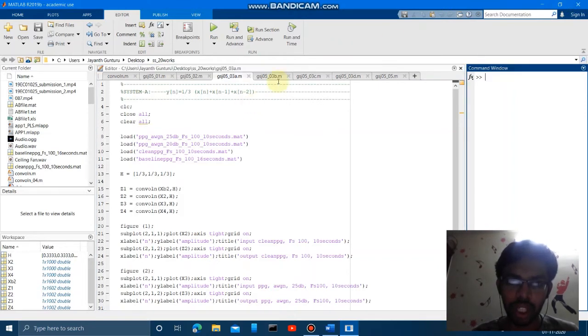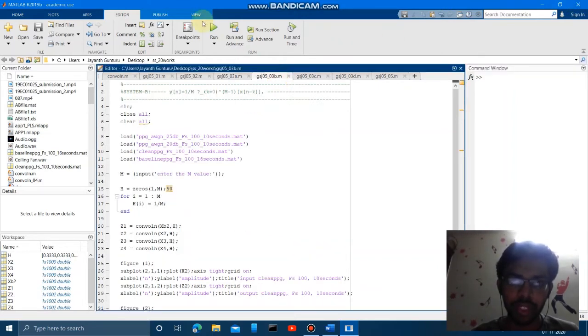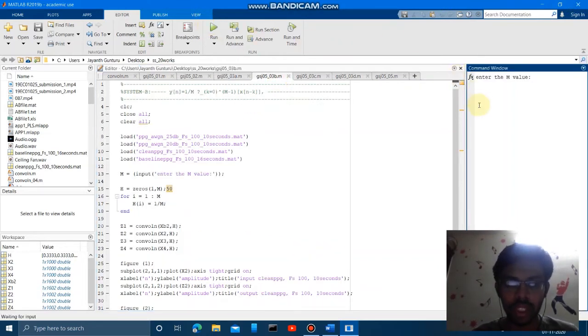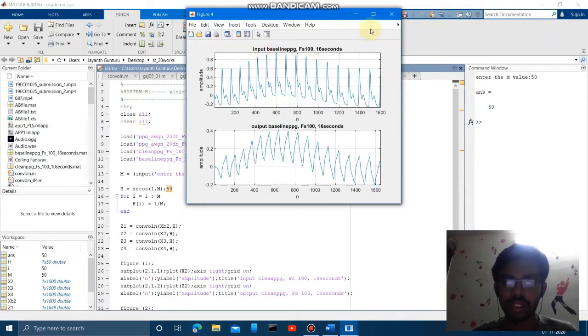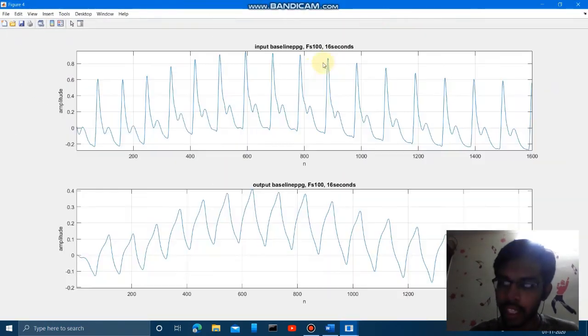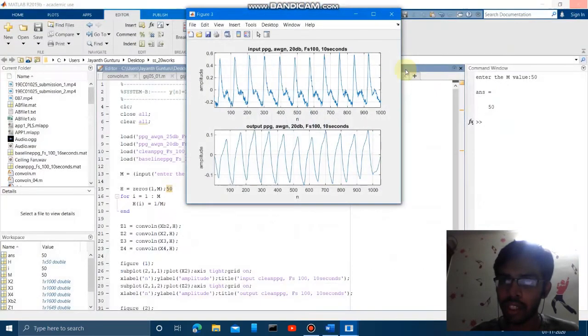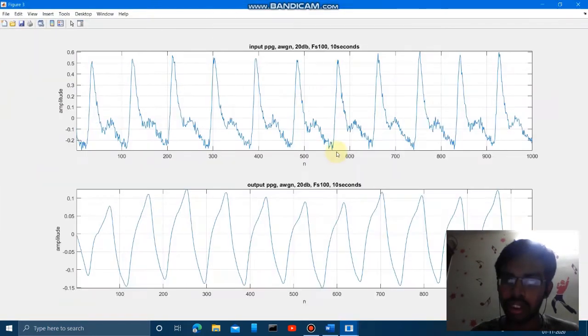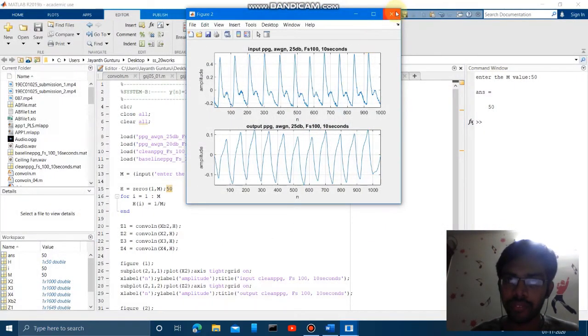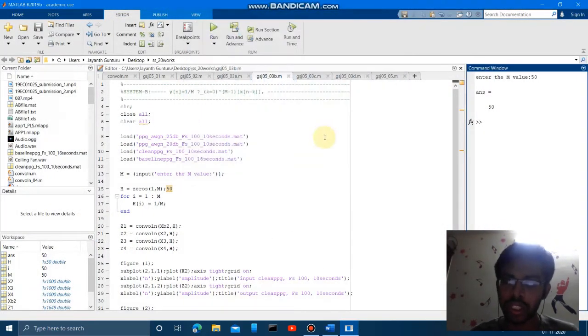And if we go to the next system and run it, let us take it as 50. If we clearly observe, lower frequency components are obtained as output. Here we can see. So it is also a low pass filter.